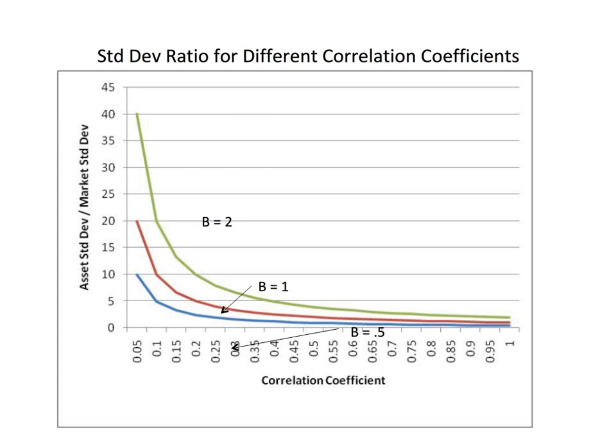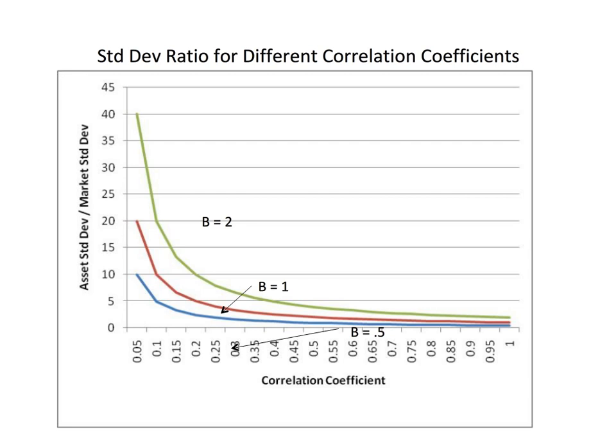This slide shows the relationship between the asset standard deviation divided by the market standard deviation, given on the vertical axis, and the correlation coefficient, which is given on the horizontal axis. The red line gives that relationship for beta equal 1, the blue line gives it for beta equal 0.5, and the green line gives it for beta equals 2.